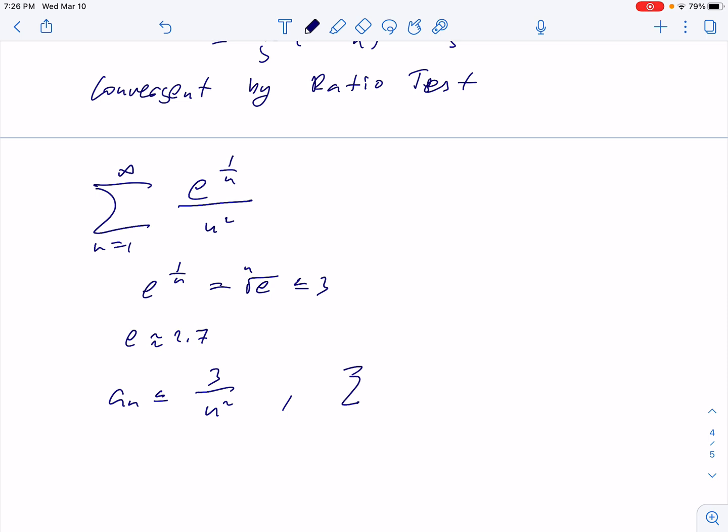The series with general term 3 over n squared, you can write 3 in front. And again, this is a convergent series which we saw before, it's convergent. So by the comparison test, the series a sub n is convergent by comparison test.